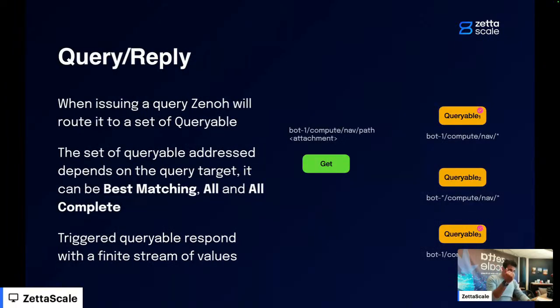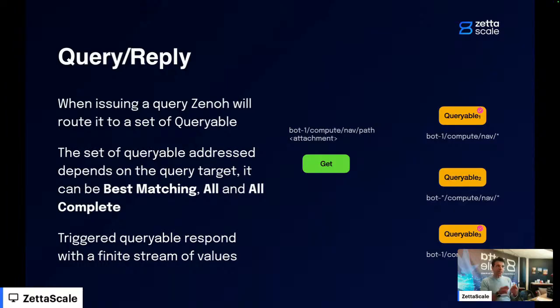Okay, so let's go a little bit deeper. We've already played with query and reply, and there are some details that we need to understand. So I mentioned before the term complete. I don't know if I said anything about target, but let's go a little bit deeper.